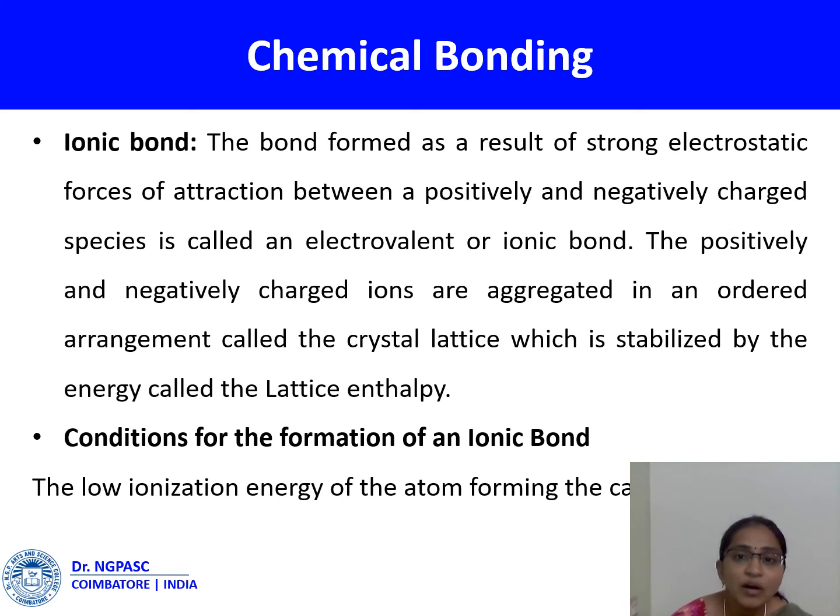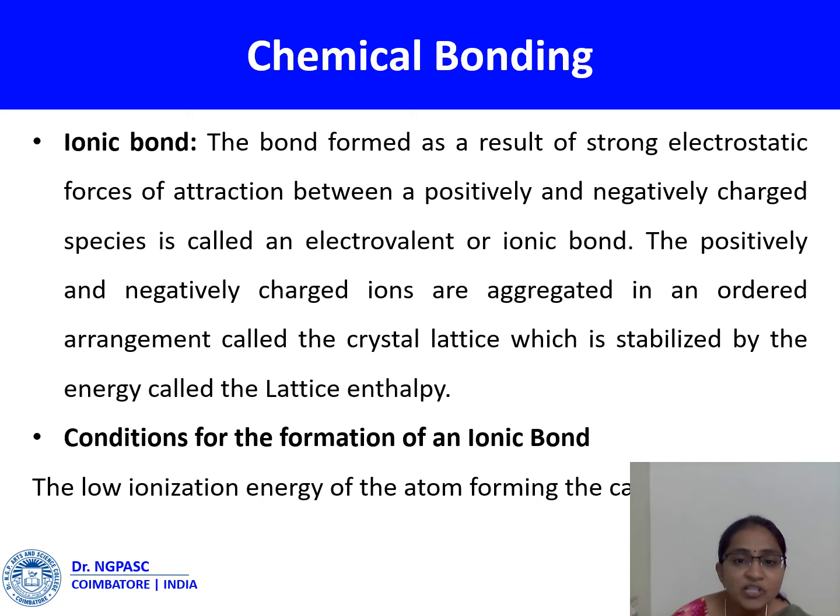Ionic bond: the strong electrostatic force of attraction between a positively and negatively charged species is called an electrovalent or ionic bond. The positively and negatively charged ions are aggregated in an ordered arrangement called the crystal lattice. That crystal lattice is stabilized by the energy called the lattice enthalpy.